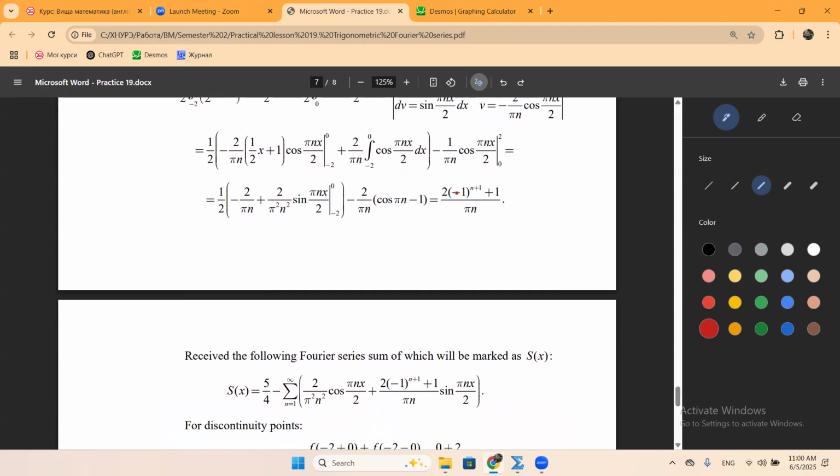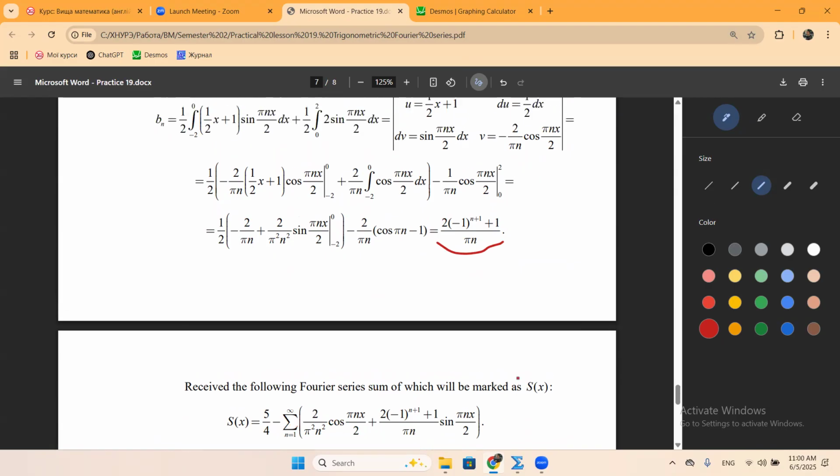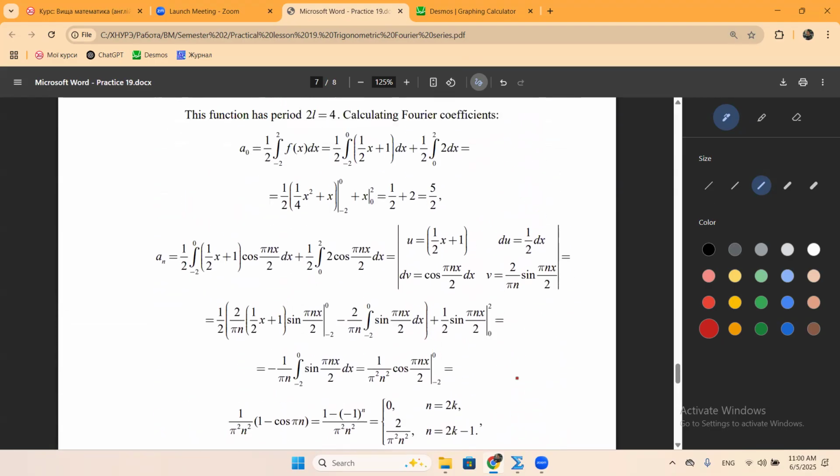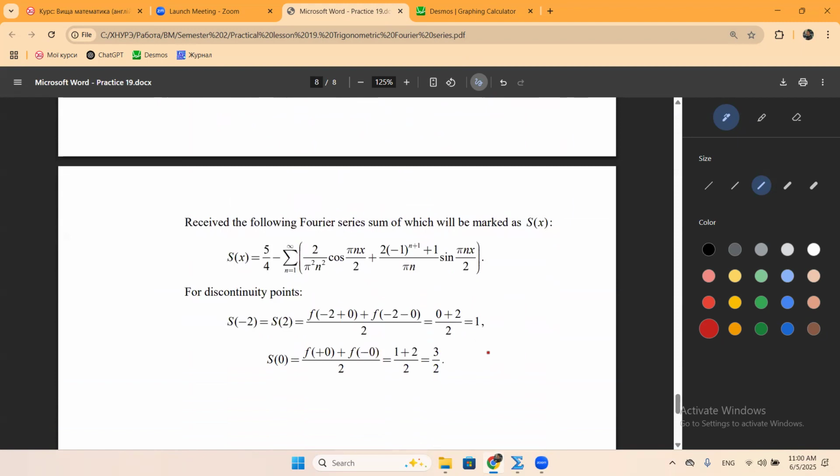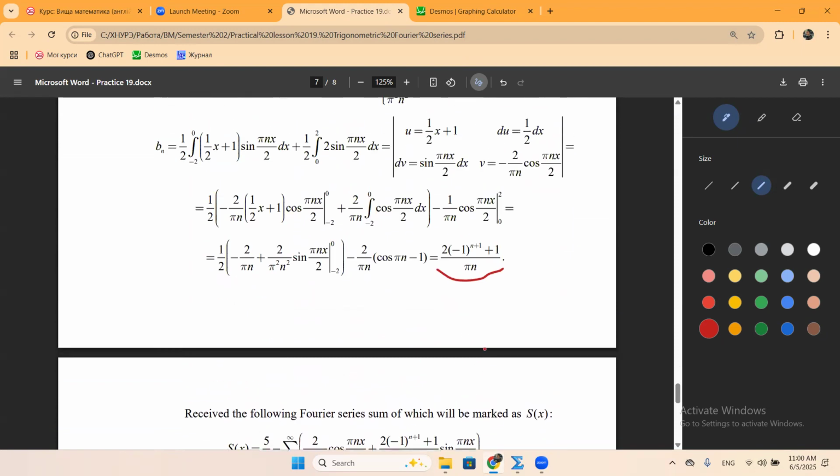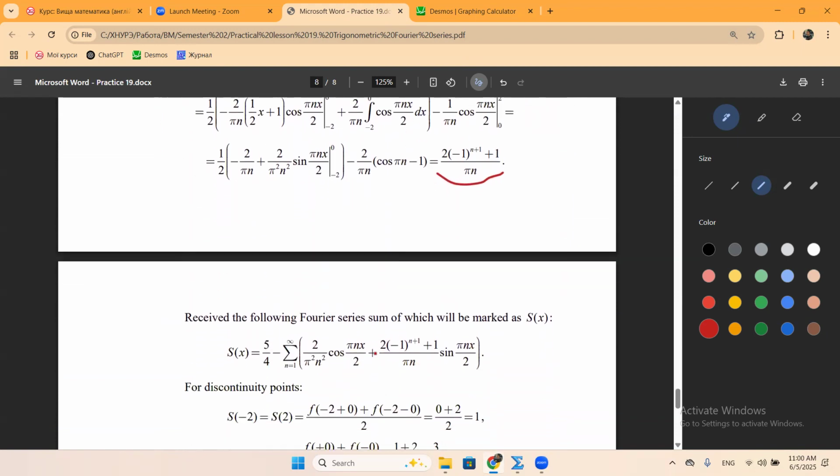Yeah, actually the answer must be like this, so Bn. And that's how the sum looks. So An and A0 are correct. Bn, I need to recheck. So this series is the following. I substitute An.